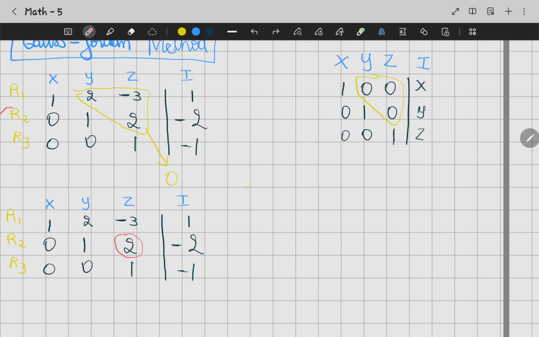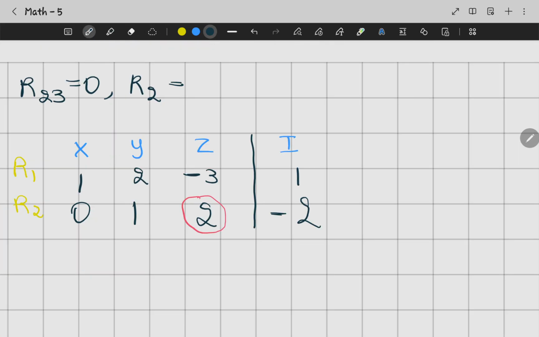So our main objective is to make row 2 column 3 equal to 0. Because of that, we're going to change the equation for row 2. That's what we'll be doing now.